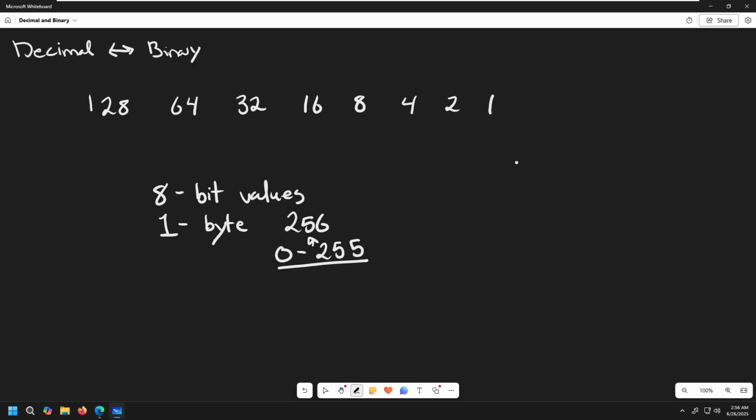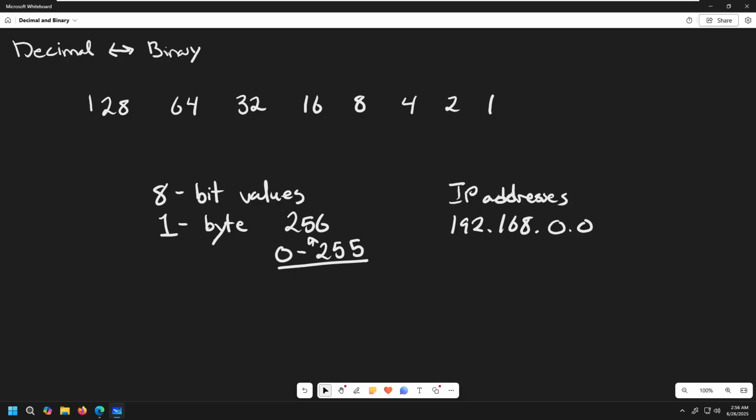Perfect example, of course, are IP addresses, which, for example, 192.168.0.0, for example, is a classic Class C IP, private IP address.